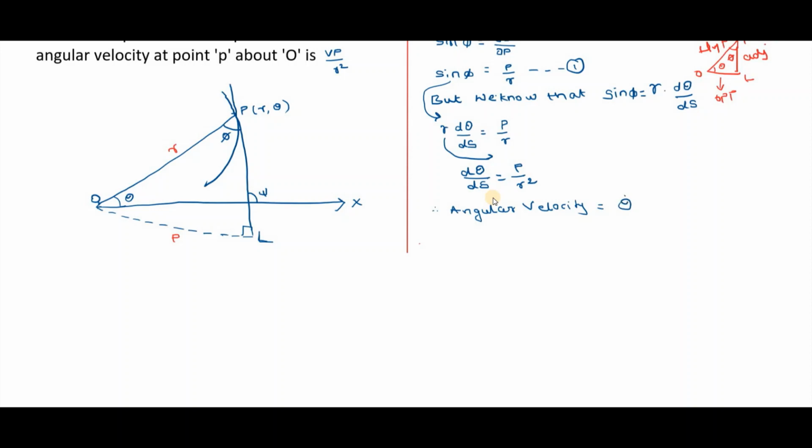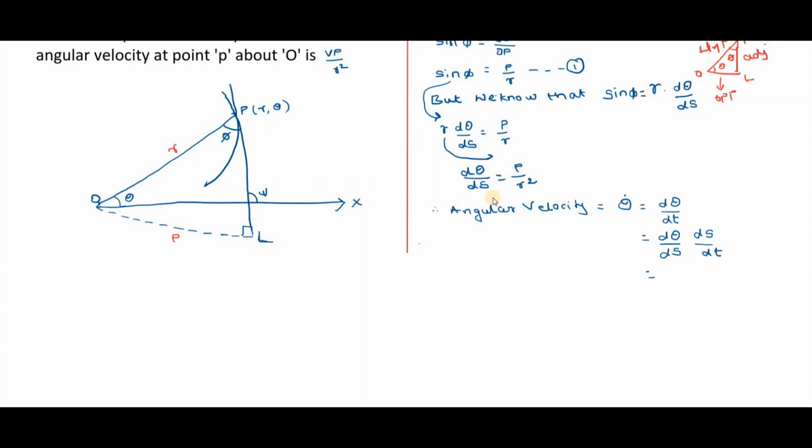Angular velocity is theta dot, and theta dot we can write as d theta divided by dt. With respect to displacement s, we can write this as d theta by ds into ds by dt.